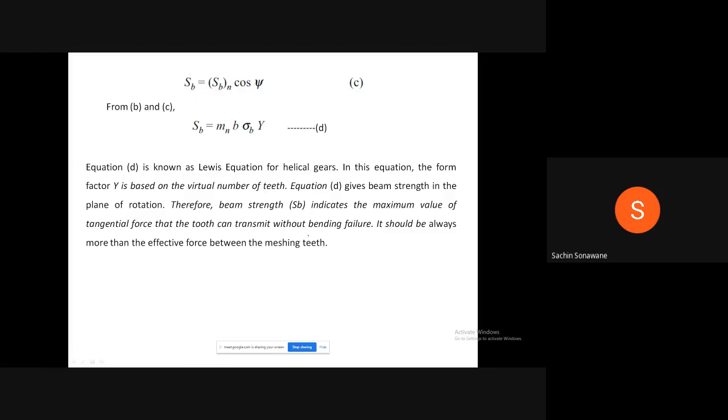Always remember, beam strength should be greater than the effective force between the two meshing teeth. Equation D is known as beam strength for helical gear. Therefore, write down this equation D.